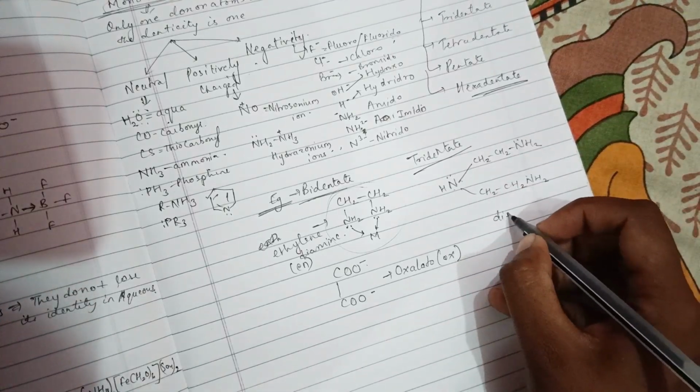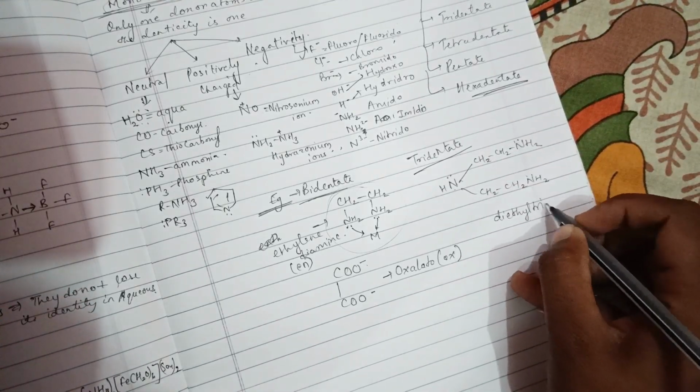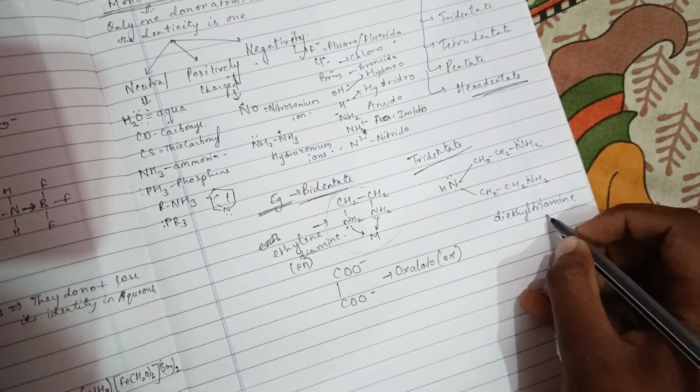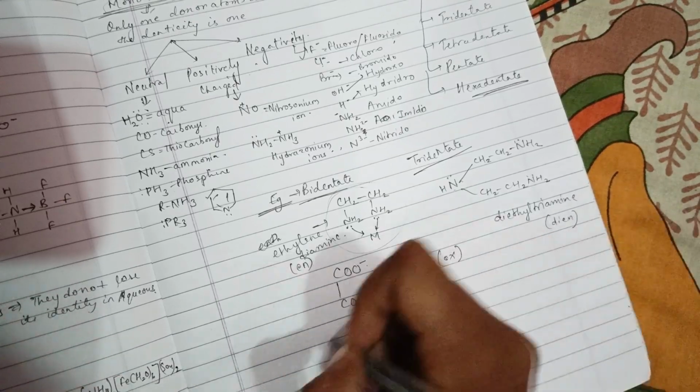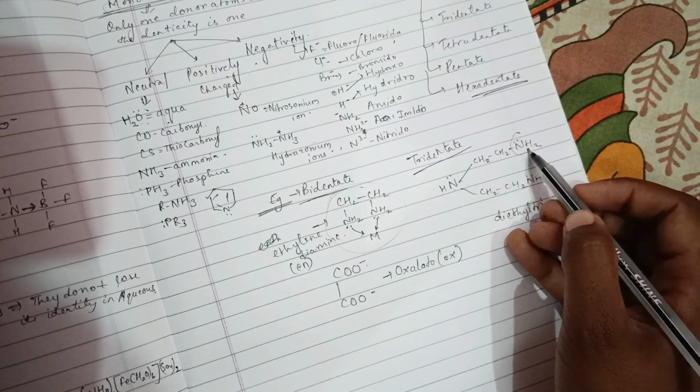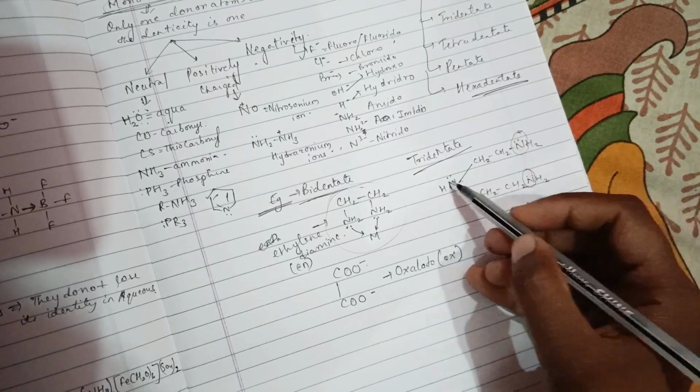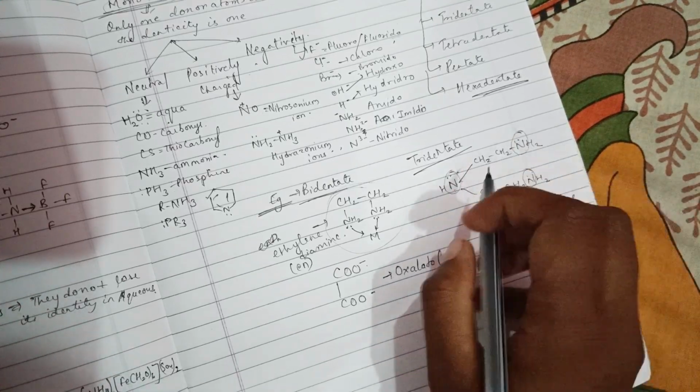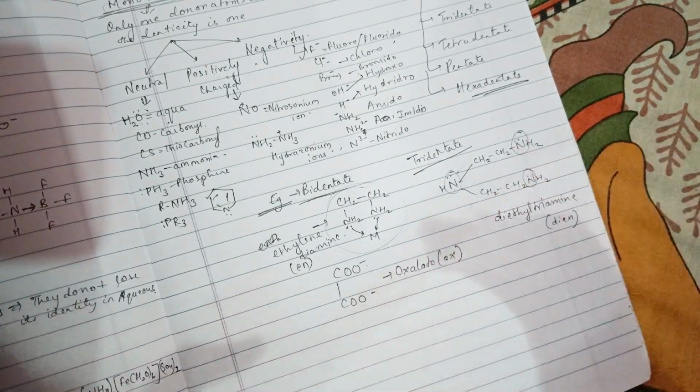This is diethylenetriamine, dien. It has three donor atoms, 1, 2, and 3. These three are donor atoms that can attach to a single central metal.